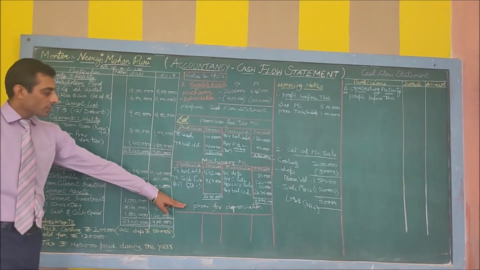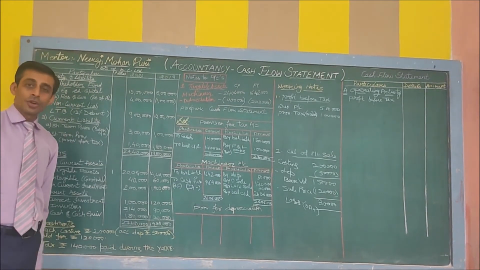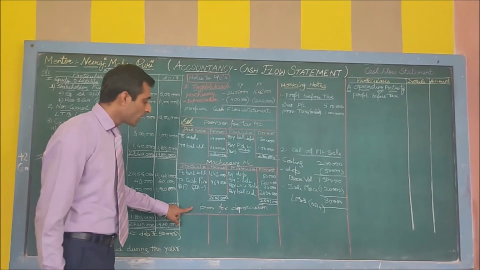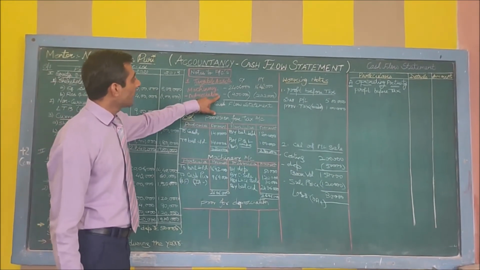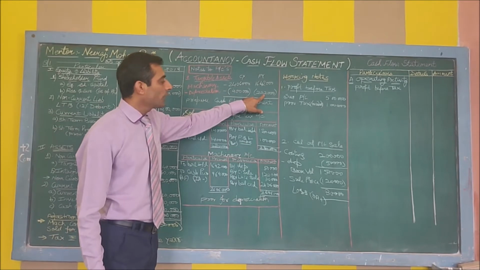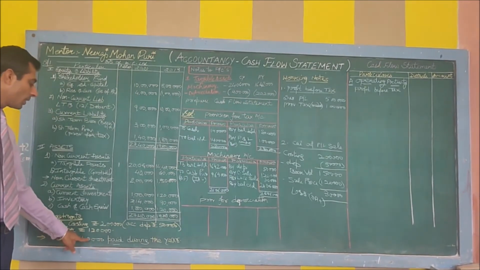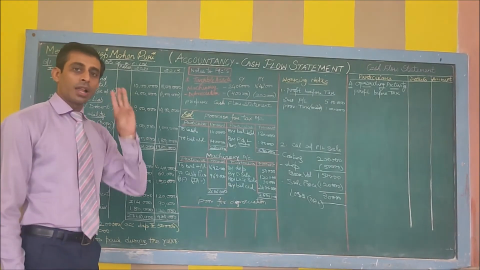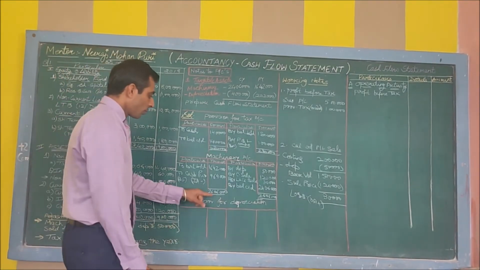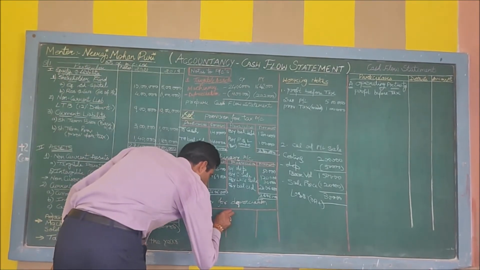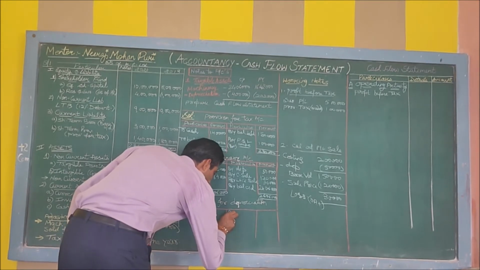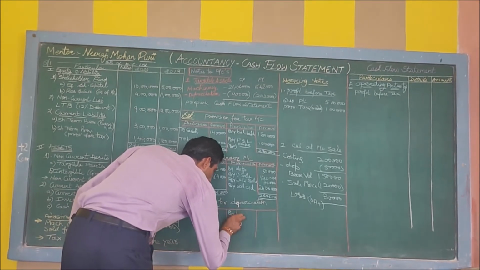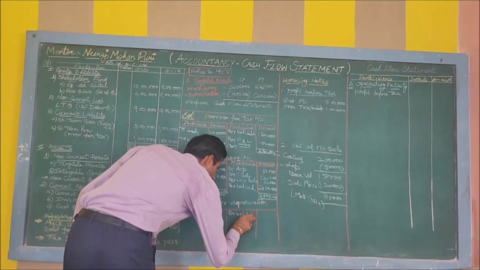Continue with the last lecture which we need to complete, provision for depreciation. Why do we have to prepare this? Because in the question the depreciation values are given, as well as in the adjustment, depreciation is provided to us. So with more information, we will have to prepare a ledger account. Provision for depreciation is a liability, so we will have the balance brought down on the credit side.